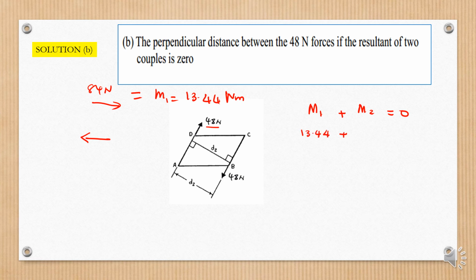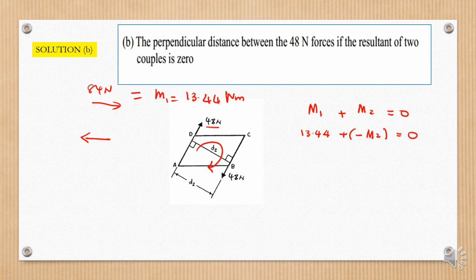For M2, identify first the direction, whether it's positive or negative. Based on the rotation, this couple will be clockwise, so it will be negative M2, equals 0.